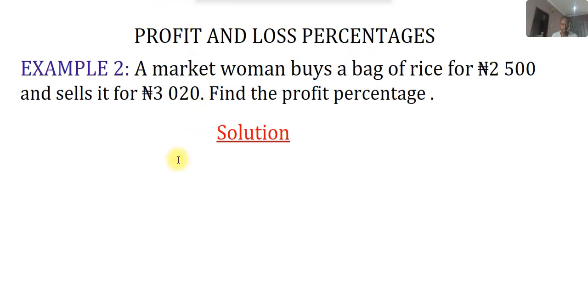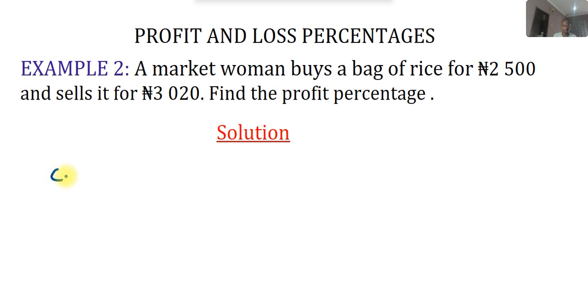Example 2 says a market woman buys a bag of rice for 2,500 naira and sells it for 3,020 naira. We have to find the profit percent. Like we did the last time, let's proceed.